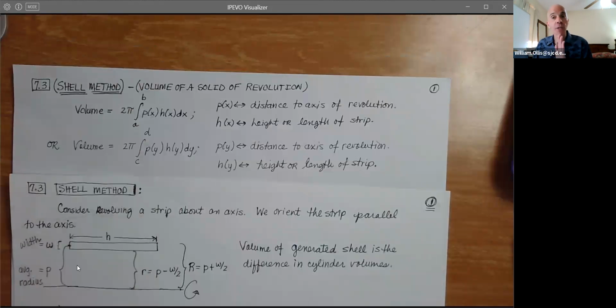So let me say this, I will say this several times. If you are asked to compute the volume of a solid of revolution, you compute it however you want. If the problem requests that you use a particular method, then it's probably best to use that method.